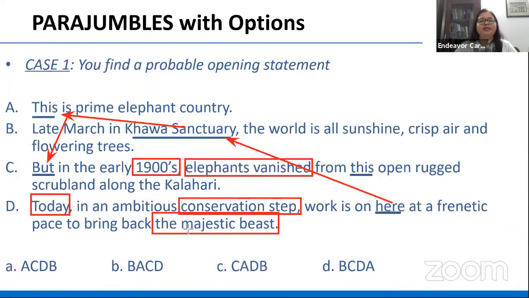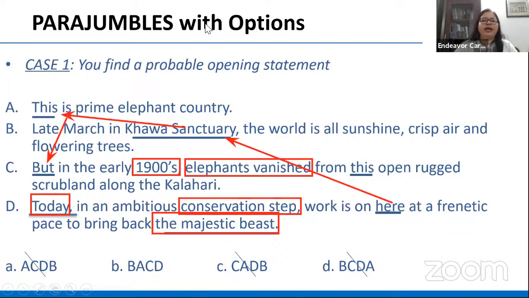That means my answer here should be one that starts with B, cannot be BC, has to be BADC. That's our answer, right? So pretty easy one, but we were looking at a certain approach here, which is first look at the options, narrow down what you think can be an opening sentence, and then try to establish the sequence. The links again are important.